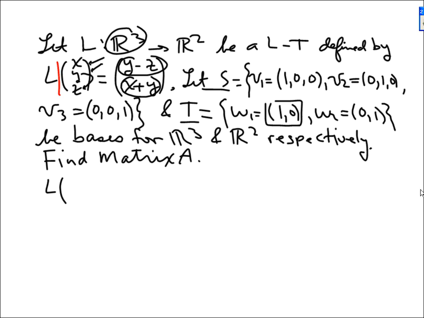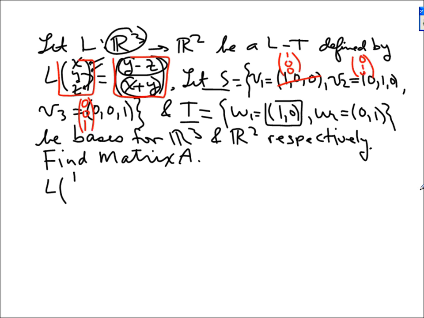Over here, by the definition, I wrote the vectors vertically. I should have written v1 that way, I should write v2 that way, and v3 should be vertical as well. Okay, it's just notation.